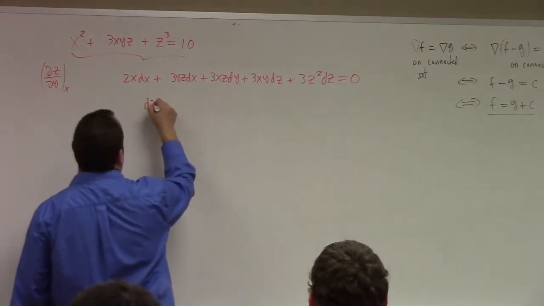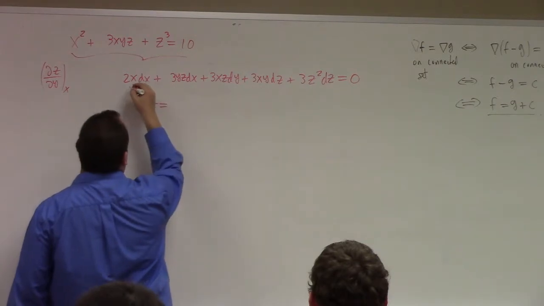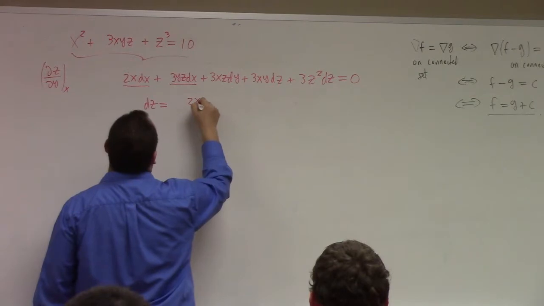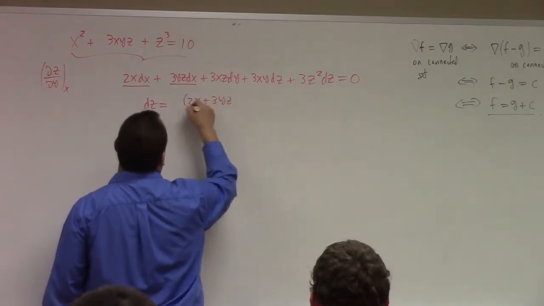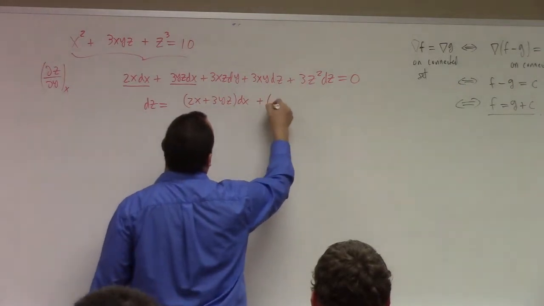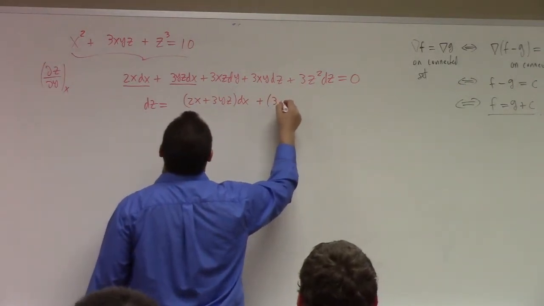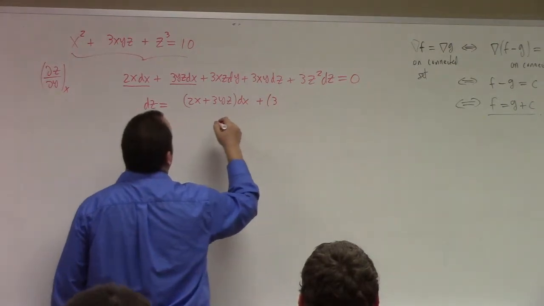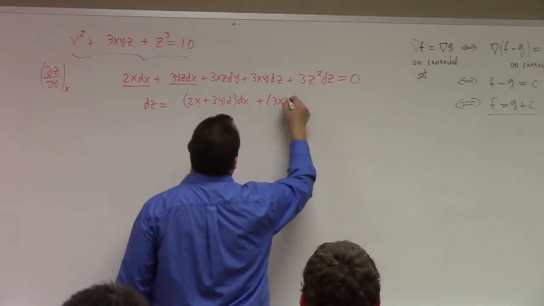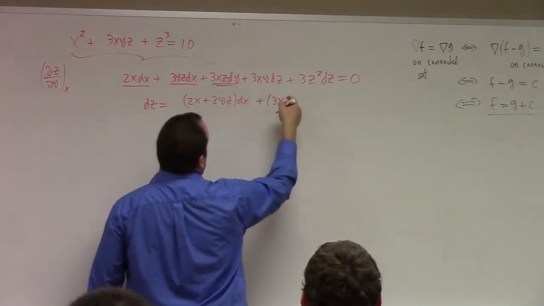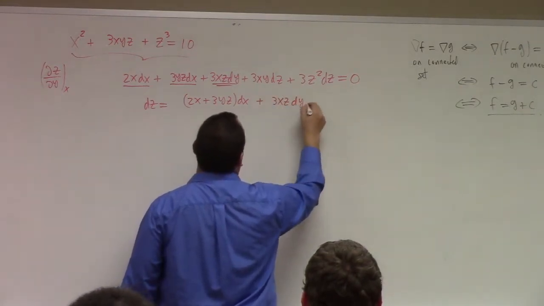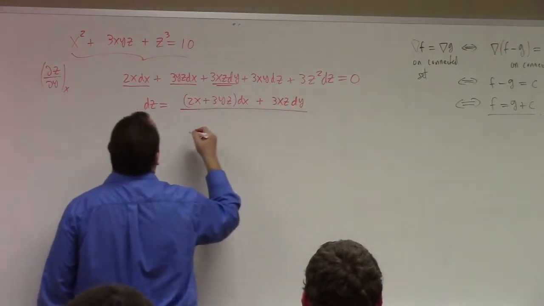So that gives me dz is equal to, what are my dx's? One here, one here. So I get 2x plus 3yz dx. What's my y's? 3xz. Anything else? That's it, right, for the y's? All divided by, what are my dz terms?